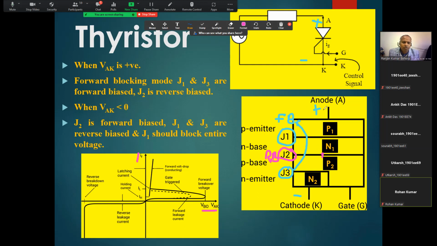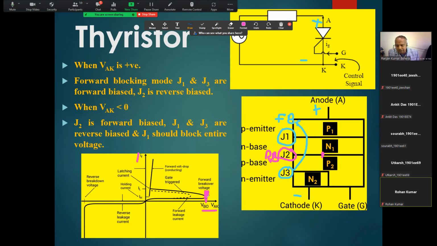As you go on increasing the anode voltage, you will see a small leakage path formed in the J2 junction. As you go on increasing the voltage, VBO, at this point I am marking in this VI characteristics.